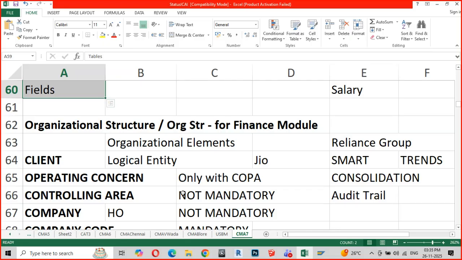Cost and profitability analysis module, where what do you exactly do in your COPA module? You understand the profitability, you understand the functioning of your business.